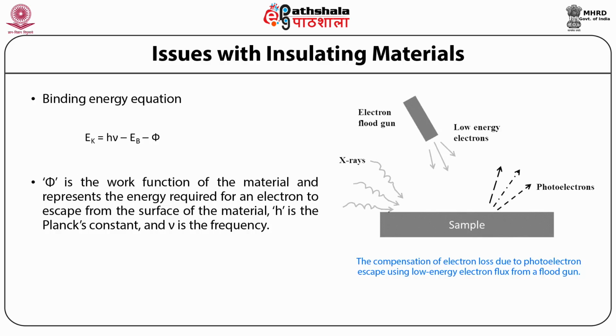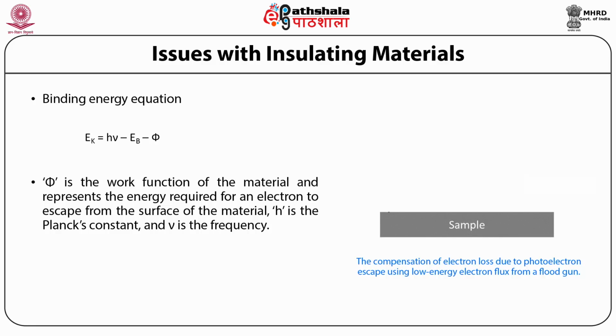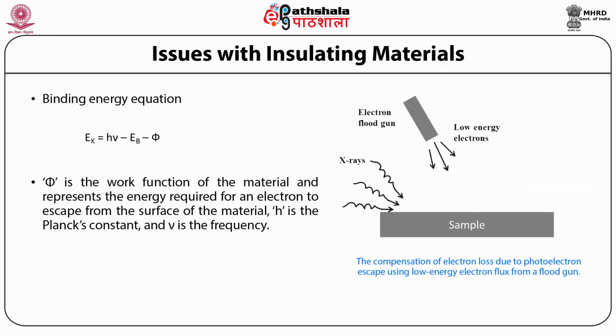Change of surface potential makes the kinetic energy or binding energy measured tens of electron volts different from the standard value mentioned in the published tables. The charge neutralization method is used to resolve the surface potential issues by providing stable and uniform surface potential on solids.